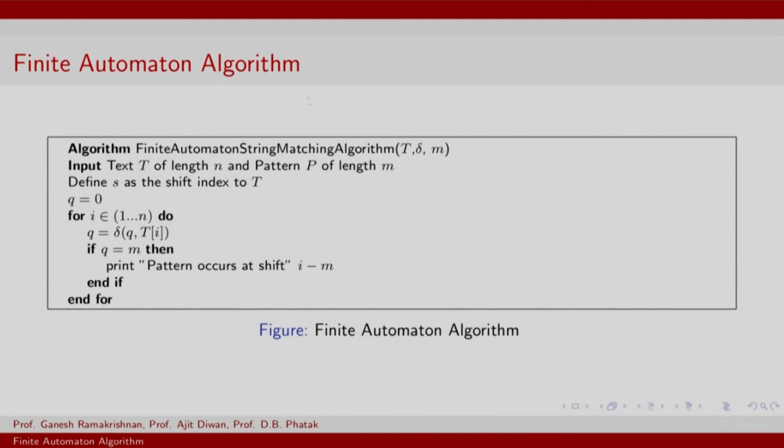So here is a simple finite state automaton algorithm specifically for matching an input text T. So given the delta, the m and the T, if S is a shift index to T, you start with the start state q equals 0, and for i equals 1 to n, as you scan position i of the text T, you make a transition from q to delta of q comma Ti.